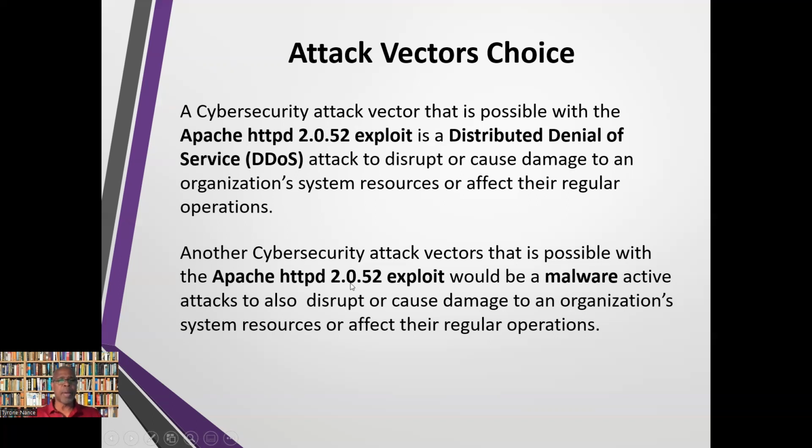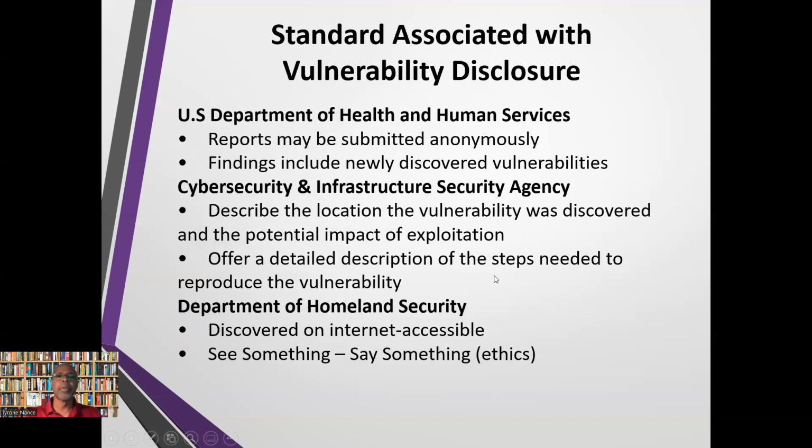Another thing being able to bypass firewalls does is it creates an opportunity to install malware that could also be used to damage or disrupt operations for an organization. So two attack vectors are denial of service, as well as the ability to deploy malware.